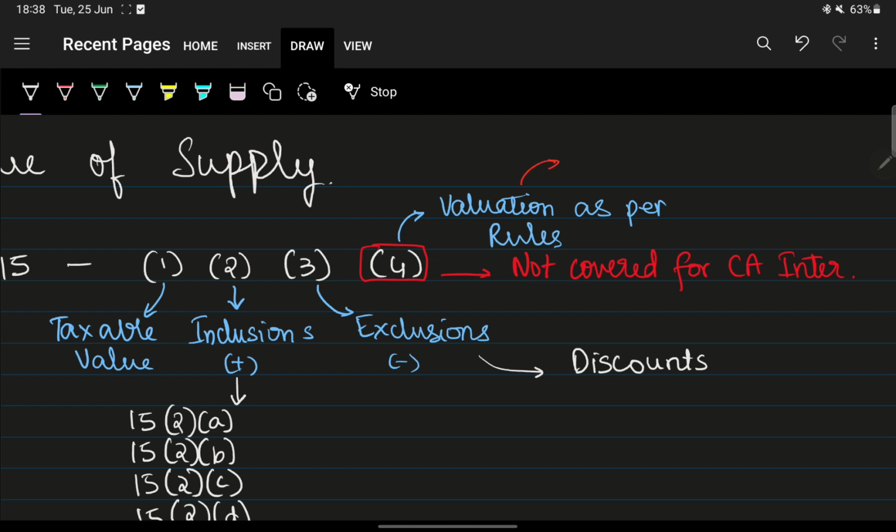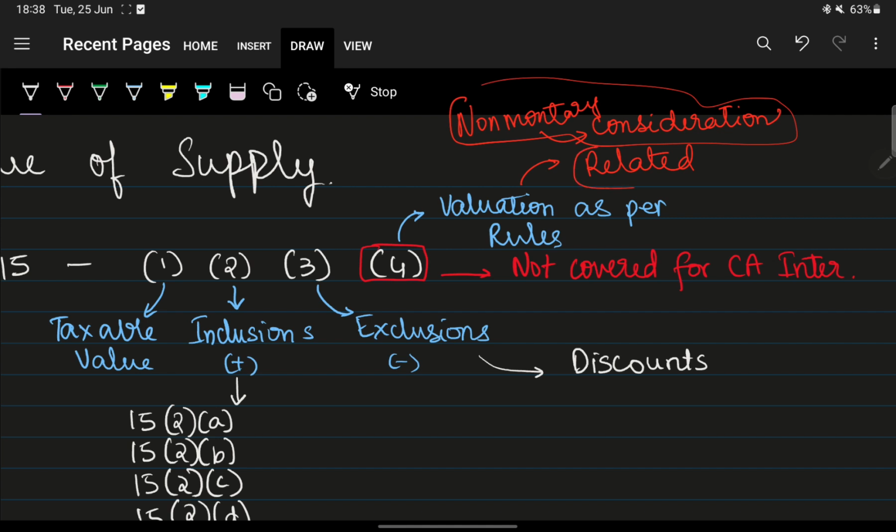In cases where consideration is not paid through money, meaning payment is made in kind, non-monetary consideration, and second, if it is between related parties, or any other residual case, that will go to section 15 subsection 4, where there are different rules, 29, 30, 31, which basically give guidelines as to how you're supposed to value these transactions.